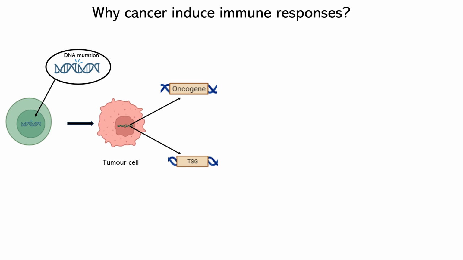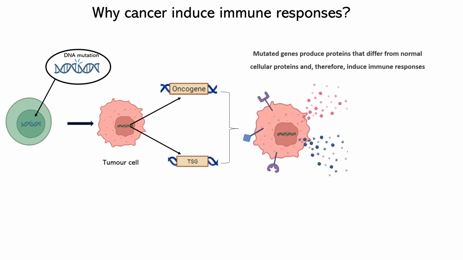The mutations might occur in so many different genes within the cancer cells. Some genes are called oncogenes and others are called tumor suppressor genes. So when the mutations affect these genes, this results in producing proteins that are in shape a bit different to the normal proteins, okay? And this is what induces the immune response.